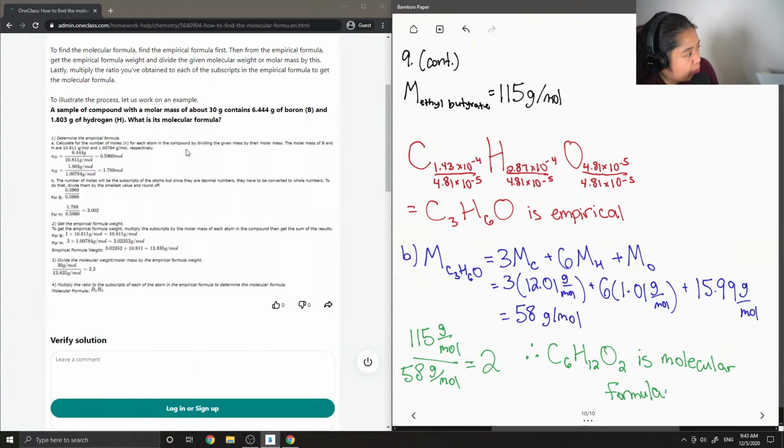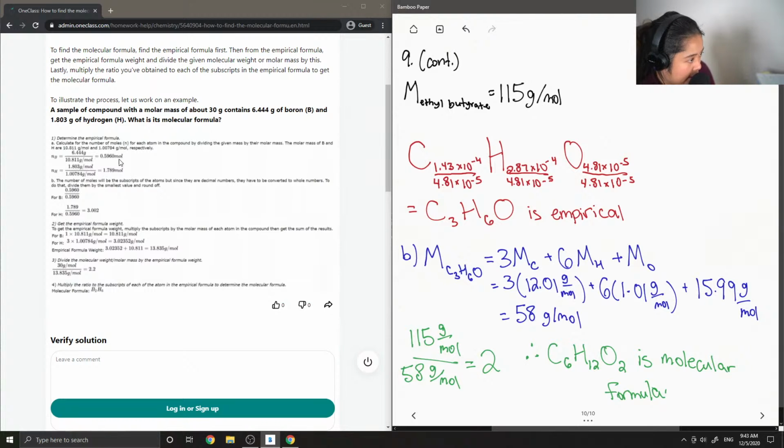To illustrate this process, let us work on an example. A sample of compound with a molar mass of 30 grams per mole, I'm assuming, contains 6.444 grams of boron and 1.803 grams of hydrogen.